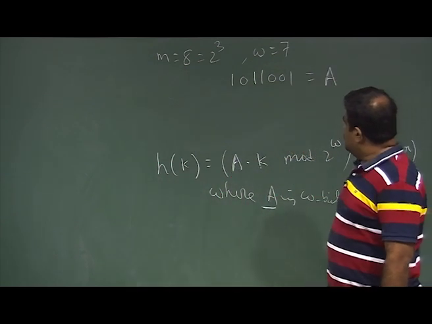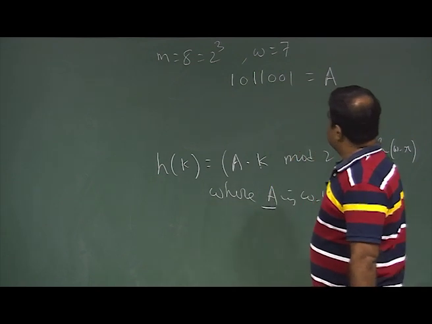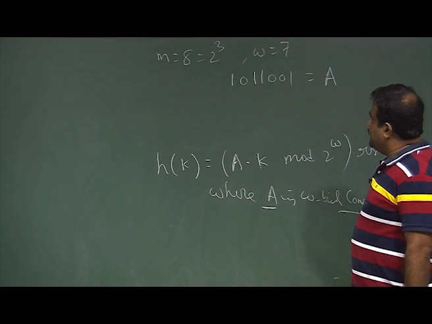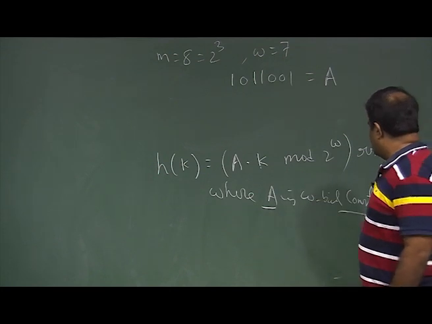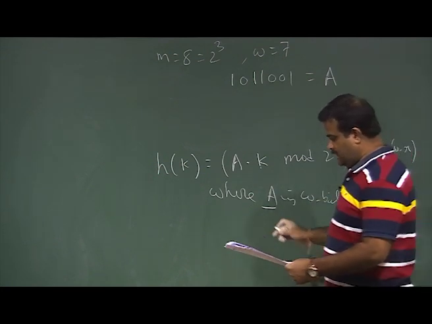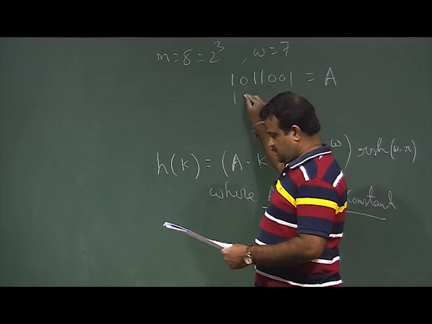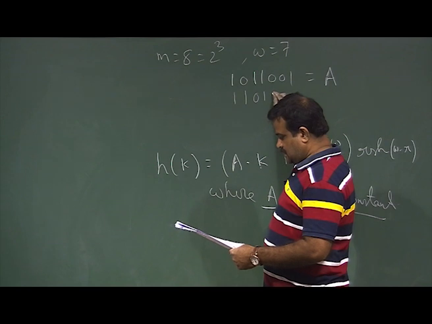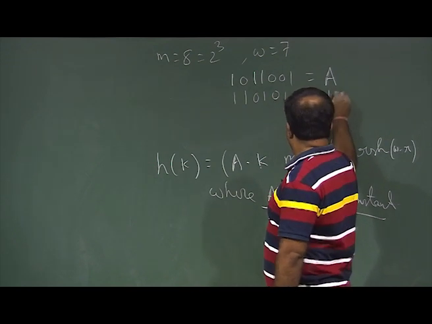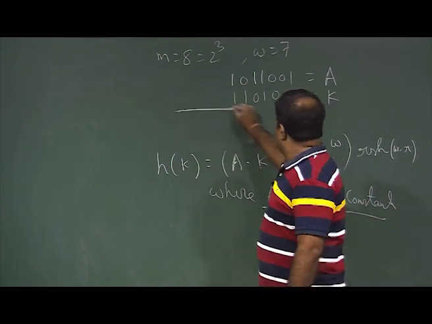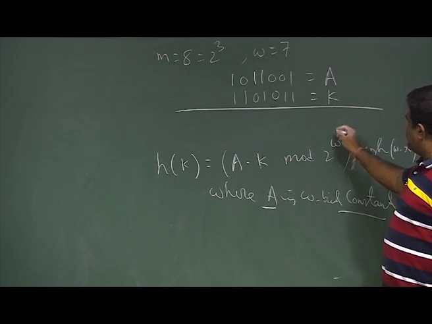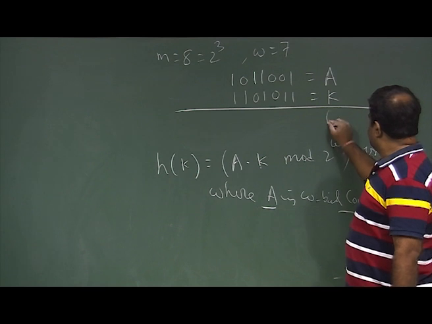Okay. Now, we choose a key which is also 7 bit, and we need to apply the hash function by this formula. Okay, so let us take a key, 1 1 0 1 0 1 1. So, this is our key say. So, now we apply this, we multiply this a into k.